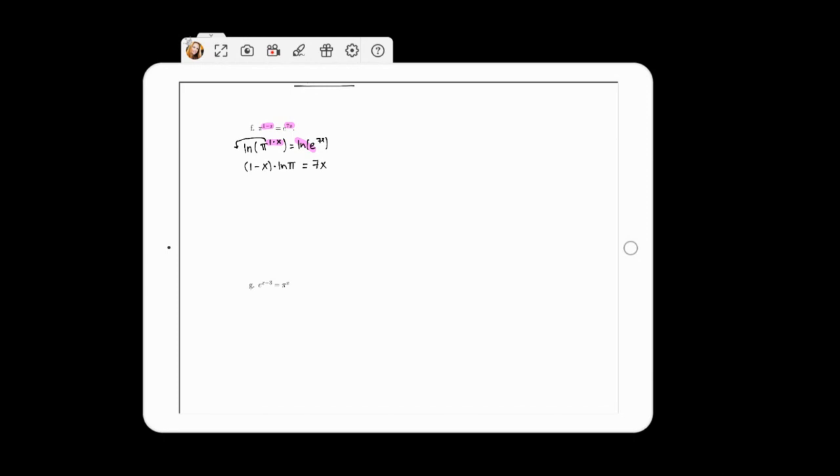So now that you've done something, you need to look and see what you have and what you should do. So I see that I have a linear equation now, and therefore what I should do is get all the values with x on one side and all of the numbers without x on the other side.